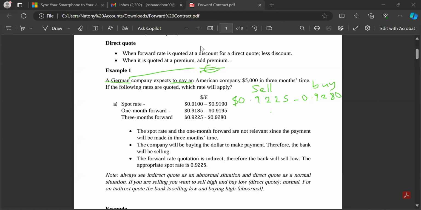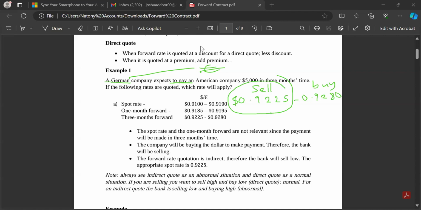In other words, the bank will be selling the foreign currency. So for a payable, the bank will always be selling. For a receivable, the bank will always be buying. So the transaction is a payable, therefore the bank will sell. And this is the selling rate, 0.9225. That is the rate that will apply.